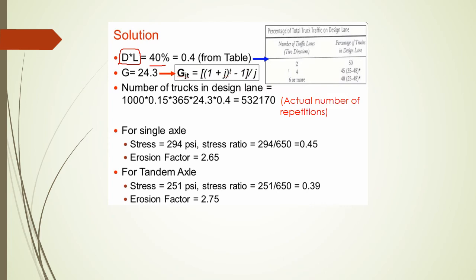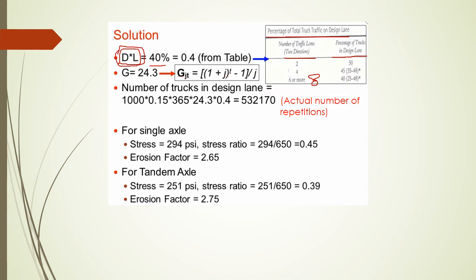Here you can read the title: percentage of total truck traffic on design lane, the number of traffic lanes, 2 directions, and here the percentage of trucks in the design lane. We have 6 or more, and we have 8 lanes in this highway, so the design lane factor will be directly 0.4.